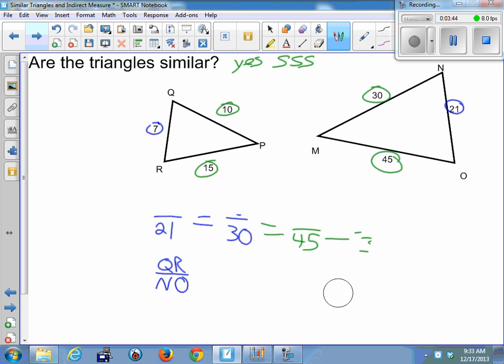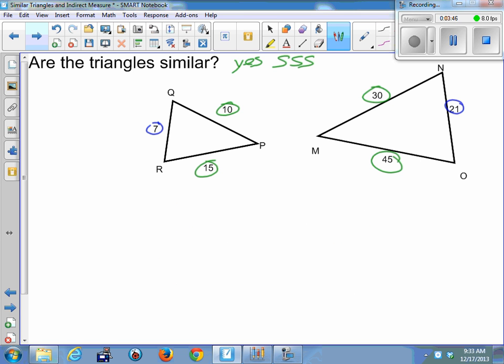So let me erase this. We have the similarity. Let's do Q, R, P. Q is the one between the 7 and 10, which corresponds to the one between the 21 and the 30.